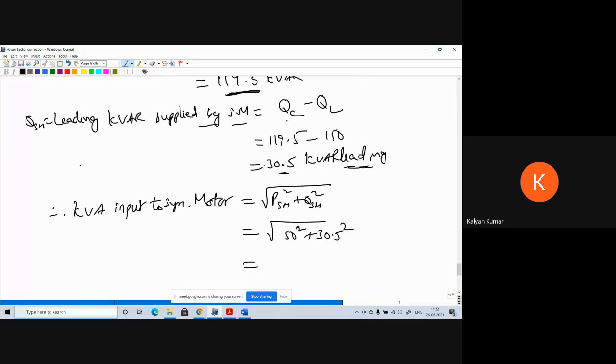As I got the Q value and I know the P value, I can get the kVA input. The kVA input to the synchronous motor is equal to the square root of PSM square plus QSM square, so the square root of 50 square plus 30.5 square, which is 58.568.